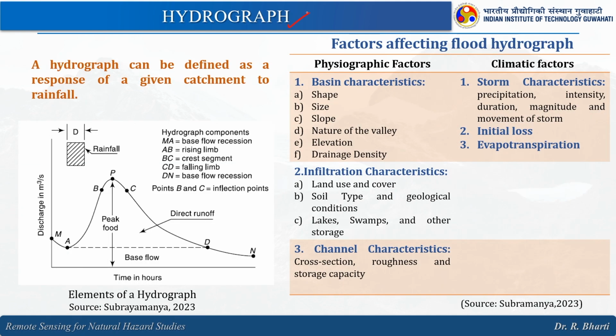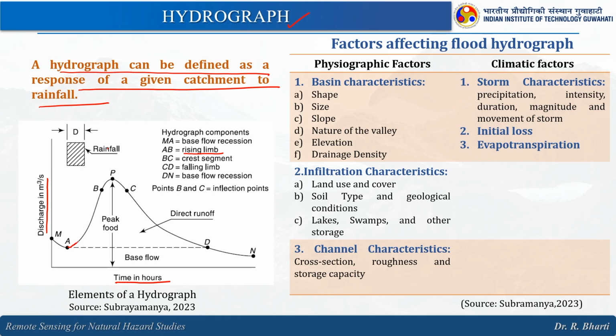So, let us talk about the hydrograph, which is one of the very important characteristics. A hydrograph can be defined as a response of a given catchment to rainfall. This is a typical hydrograph. Here you can see the discharge is given and the x axis is the time. Now, let us say this is the discharge, right, and here you have different elements. So, when we talk about this hydrograph, we have different elements. So, here you have the rising limb.